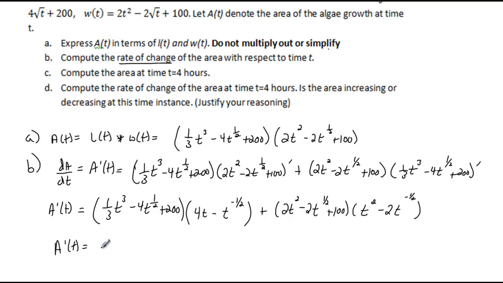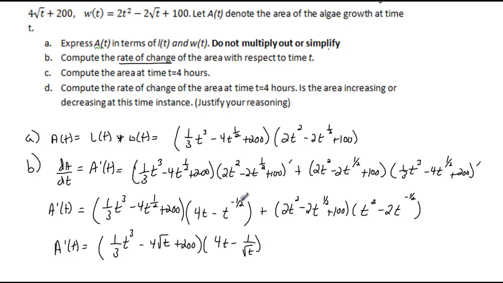A prime of t is equal to 1/3 t cubed minus 4 square roots of t plus 200. Over here we will have 4t minus 1 over square root of t.